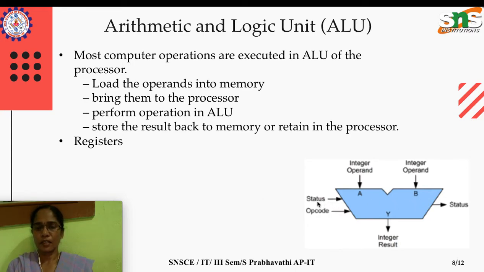The status indicates something about the previous operation that might be useful for the current operation, and it also gives the status back to the next instruction. So mainly the ALU is used to perform the operations. Arithmetic and logical operations are carried out in the processor using the ALU.